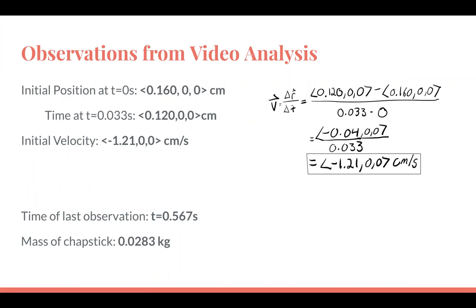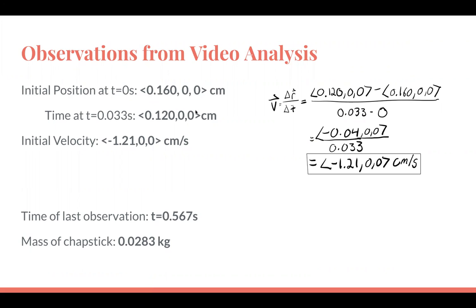And then I took a secondary position measurement and used that to calculate the initial velocity, which is in the negative x direction at going 1.21 centimeters per second. I also measured the last time observation, where the observation stops at time t equals 0.567. And I also found the mass of the chapstick because it was written on the side of the chapstick.